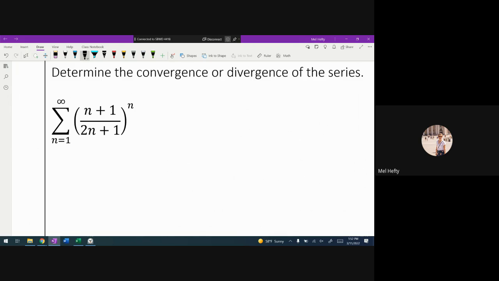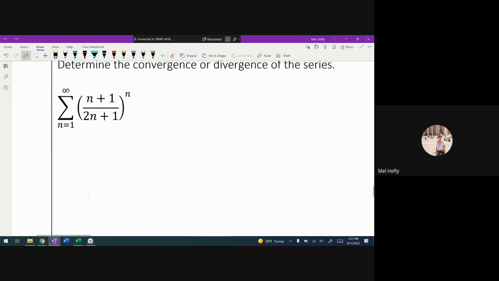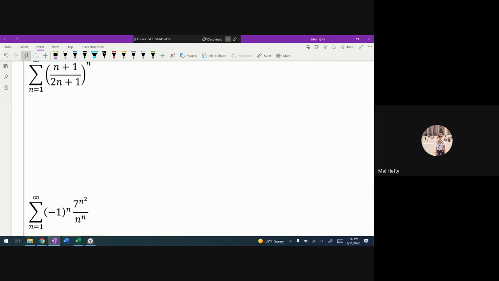So if we see powers of n, specifically n to the n, this is a good test to use. We are going to take the limit as n approaches infinity of the nth root. There are absolute value bars in there. Those are pretty important because we can't even root negative things, so those absolute value bars are helping us with that root.